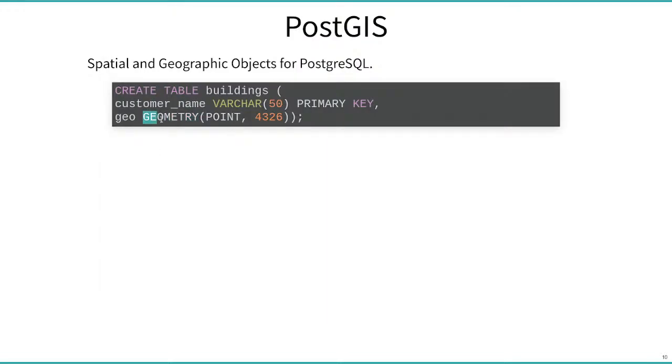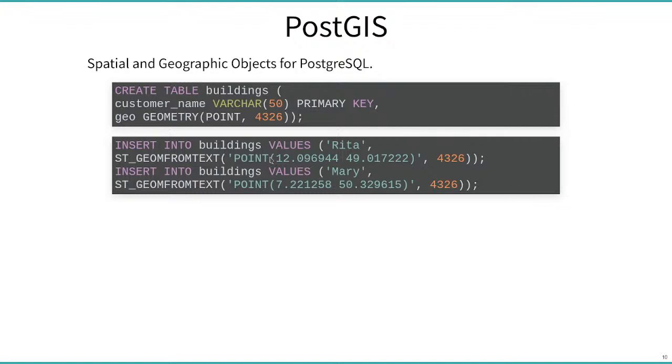It's better to provide the information what kind of geometry you want to store there. For example, geometry point allows you only to store points. So here we have a table buildings. Peter lives here, and this here is a point, and we provide the coordinate system reference. This is the SRID of the coordinate system, which uses longitude and latitude, which makes it easy to insert his position.